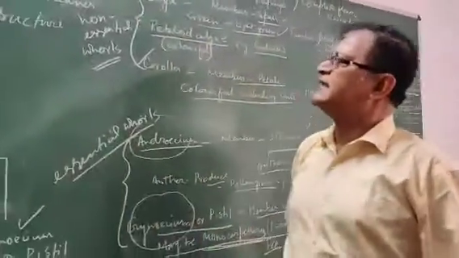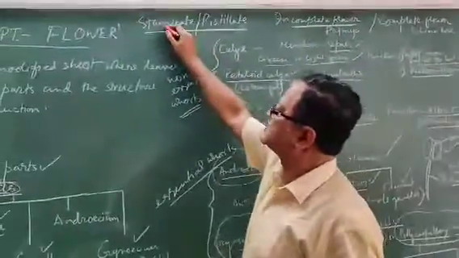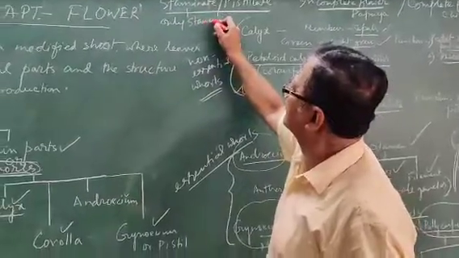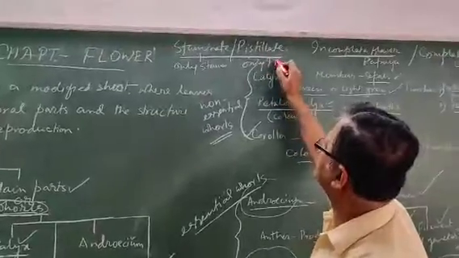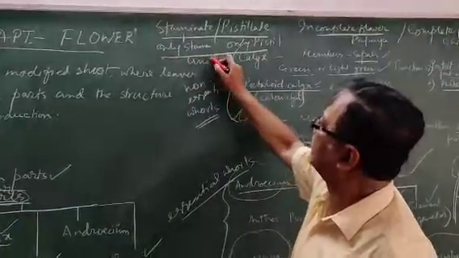In both cases, they are called unisexual flowers. Staminate, only stamen present, and pistillate flowers, only pistil present. These are called unisexual flowers.